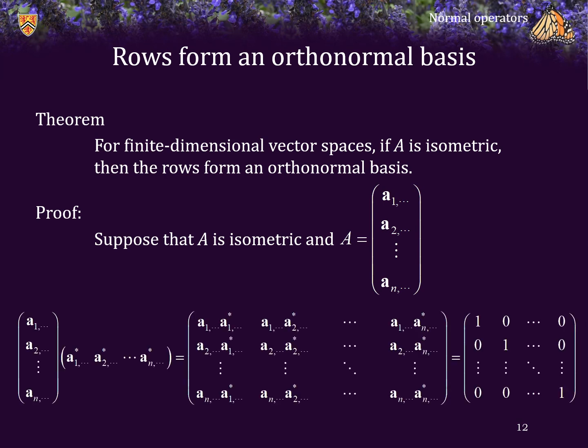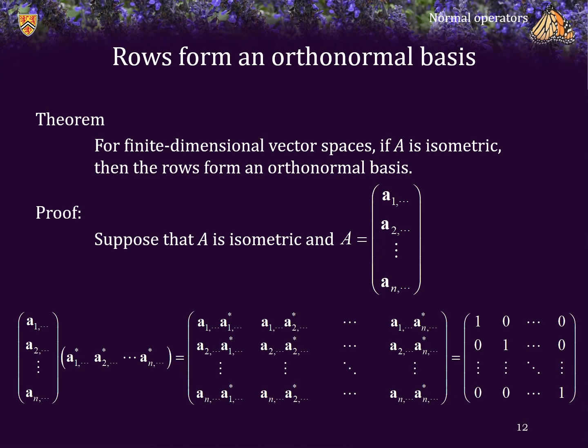So here we have the matrix A, and the adjoint of each of the rows is taken, which creates n columns. If we now multiply out these two matrices, you will notice that we are not really getting the inner product, but rather each of those is the conjugate of the inner product. Okay, well, fortunately in this case, it doesn't matter because the result is either 1 or 0.